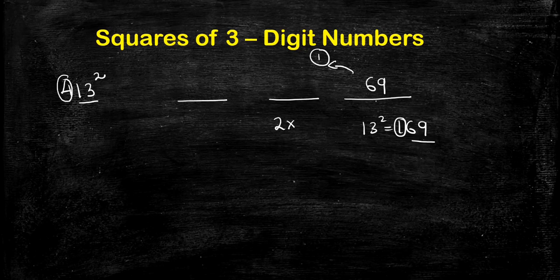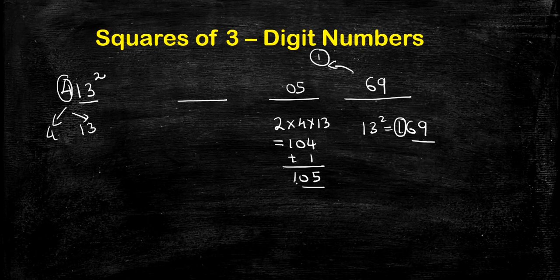Now, we have split it into 4 and 13. So, product of 4 and 13 multiplied by 2, twice the product. So, here we get 104, and then we have to add the carry over. So, we get 105. So 05 I'll write here, and this one goes as carry forward again.